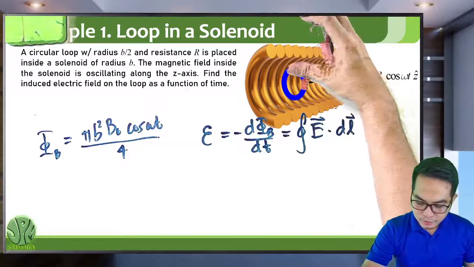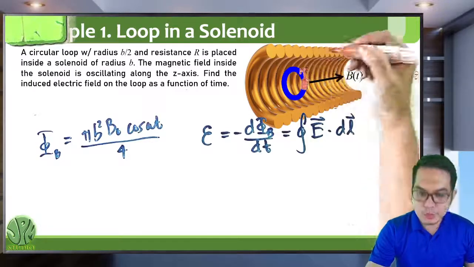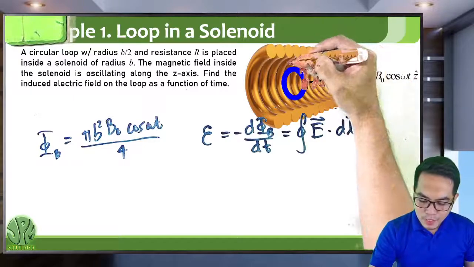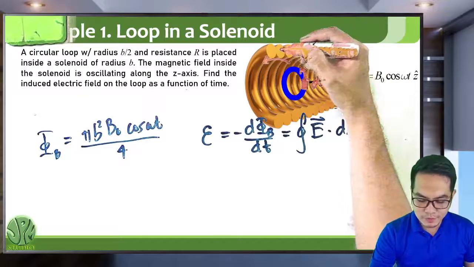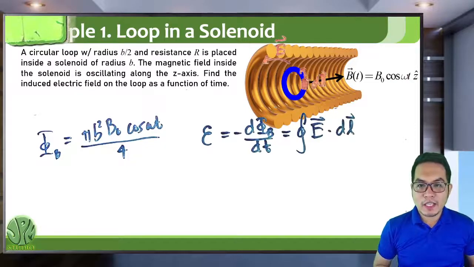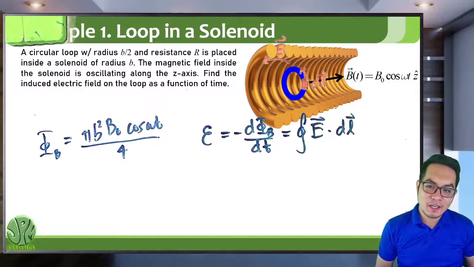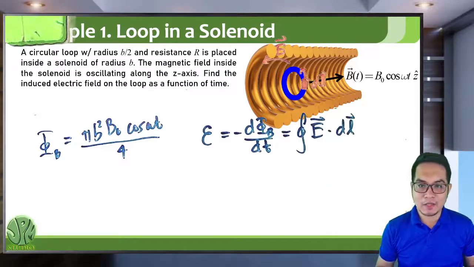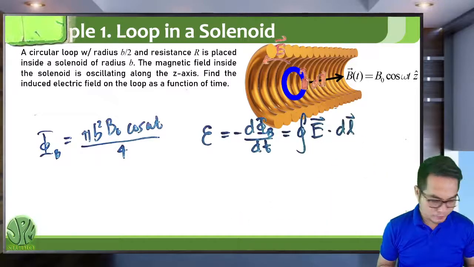It's curling around, or moving around the loop. So this is our dl, and our electric field is actually also in the same direction. This is our electric field. So our electric field and dl are both in the phi hat direction. Therefore, E dot dl is just E dl because they have the same direction, phi hat.